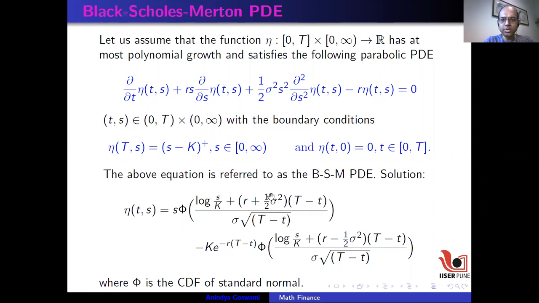R plus half sigma square appears here, and here R minus half sigma square appears. The good part is that this equation has a closed form solution, which you can study very easily, and you can understand that the equation has a classical solution, it is smooth, etc. So it is in a classical sense.